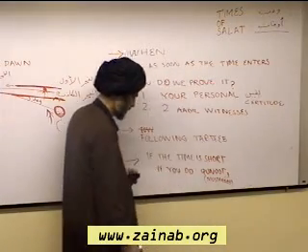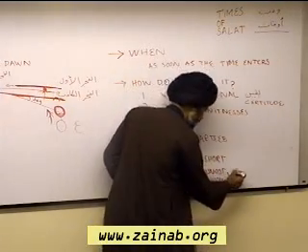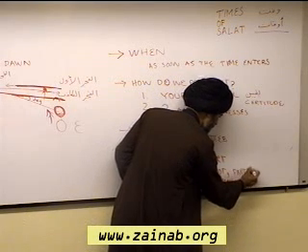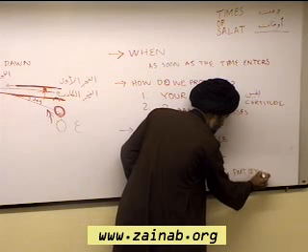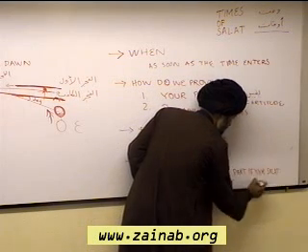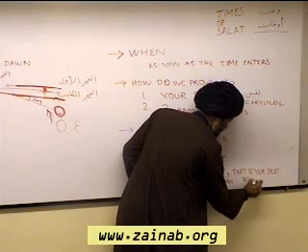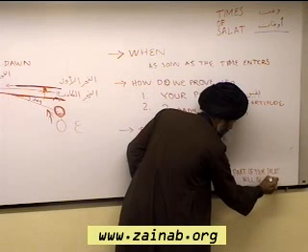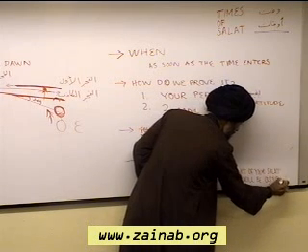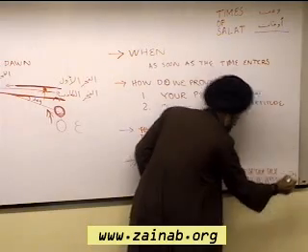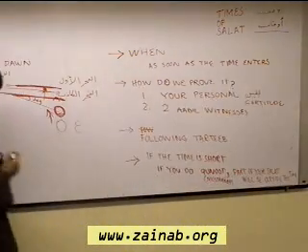So let's suppose you do qunut, and because of your qunut, part of your salat, your prayers, will be outside the time. Part of your salat will fall outside the time.